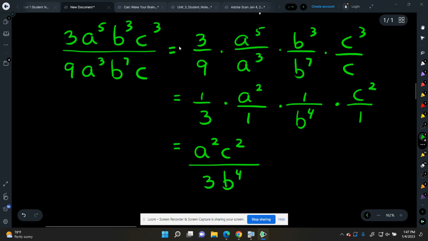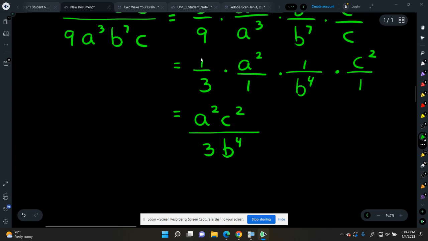fourth. When I did it, I put the 1 on top as well. That's fine. It's always okay to put the 1 there. So it doesn't matter. But does it matter? Does it make sense to put, like, 1a squared, 1c squared?